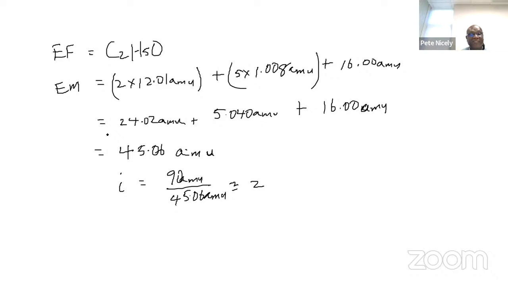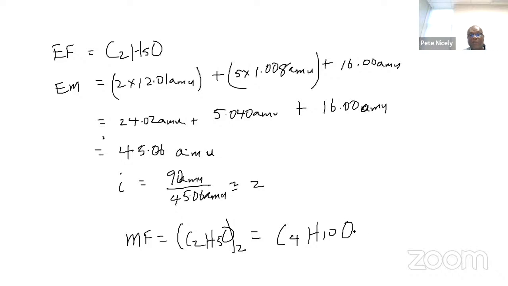So basically the molecular formula, which is what the question is asking for, would be equal to the empirical formula, which is C2H5O, multiplied by 2. So the final answer is going to be C4H10O2. And that's it. All right.